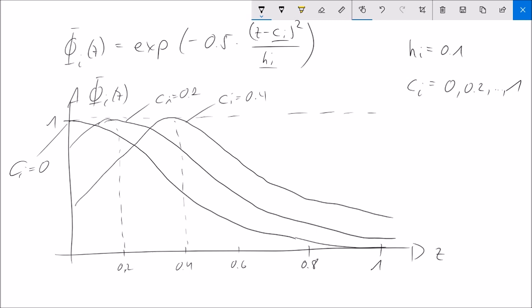So the c_i simply defines where the peak of the radial basis function lies.